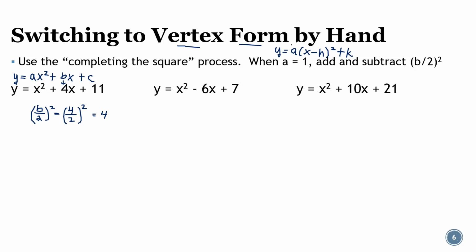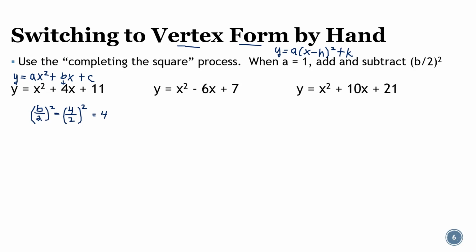And so the a is the same in both forms, and our a here is 1, which we know. In vertex form, we have a y equals. In standard form, we have a y equals. So this is a lot to think about.